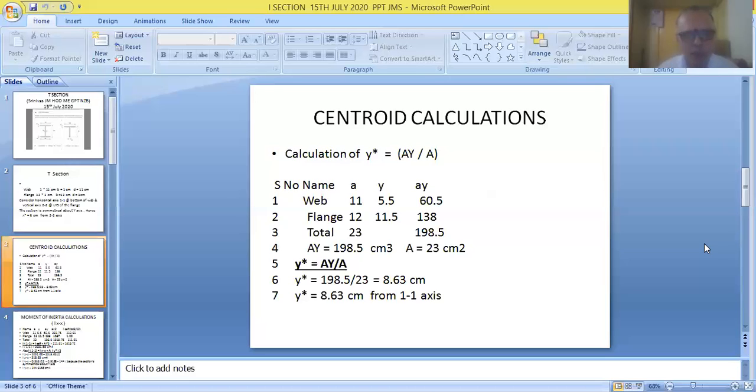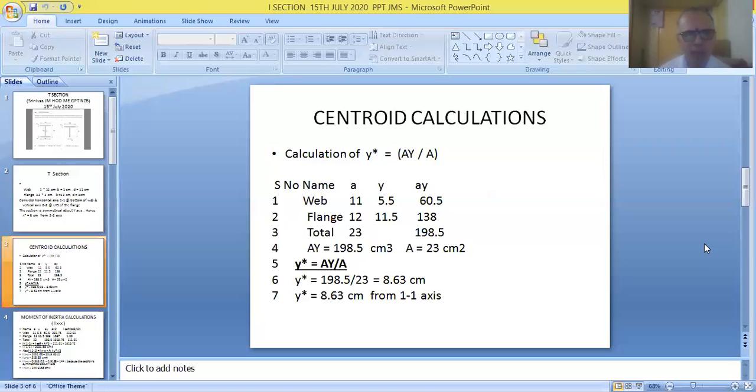In the fourth column, we have to list out the Y values separately for all the components. The last column is used for writing the AY values for the different components.